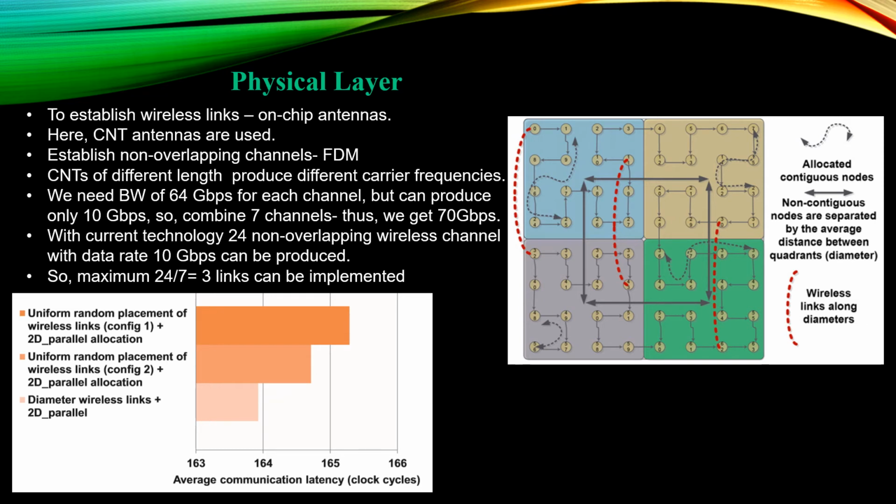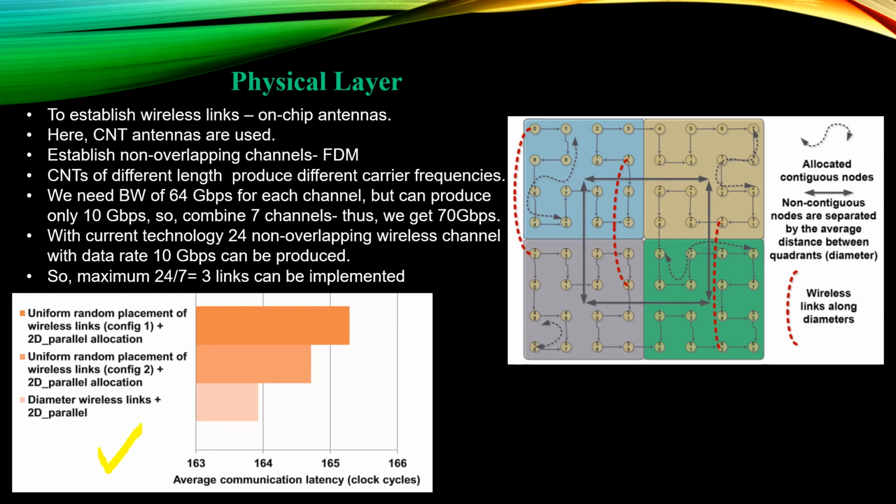With the current technology, it is possible to create only 24 non-overlapping wireless channels with data rate 10 GB per second. So in total we will get 240 GB per second. What we require is 70 GB per second for each link. So if we divide 240 by 70, we will get 3, which is the maximum number of single hop wireless links that can be implemented using the current technology.